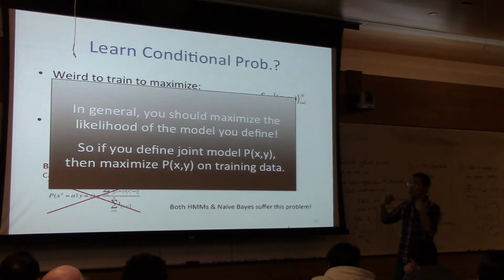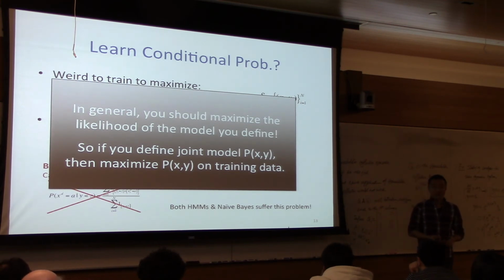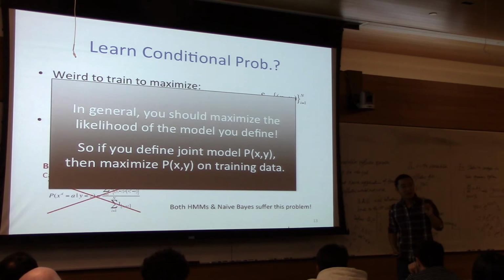So the high-level lesson is, whatever model you define, you should maximize the likelihood of that model on your training set. If you define a joint distribution, which HMMs and Naive Bayes define, you should maximize the likelihood of that joint distribution on your training set. If you recall from the first or second week of lecture, we showed that minimizing log loss was equivalent to maximizing the conditional likelihood of logistic regression, right?